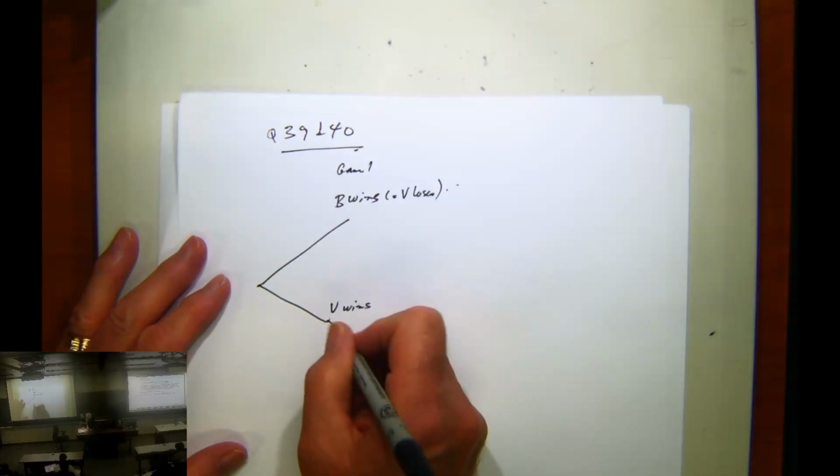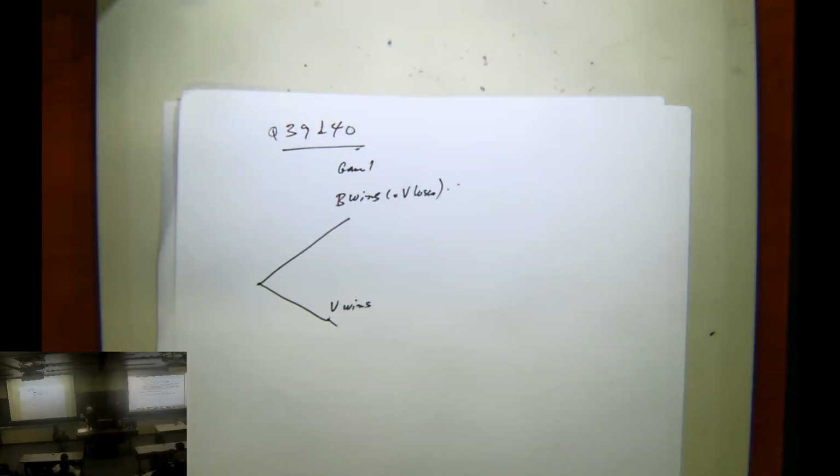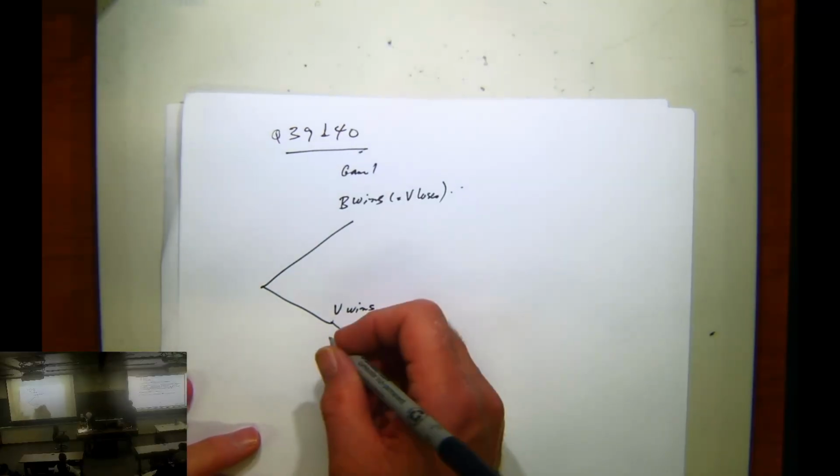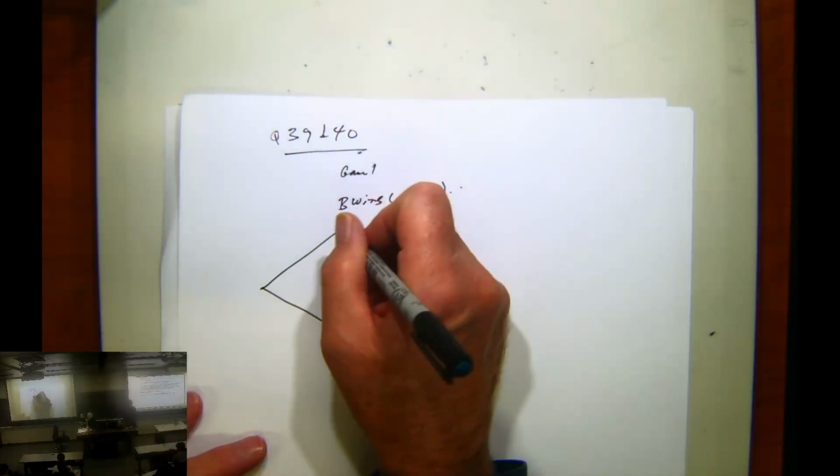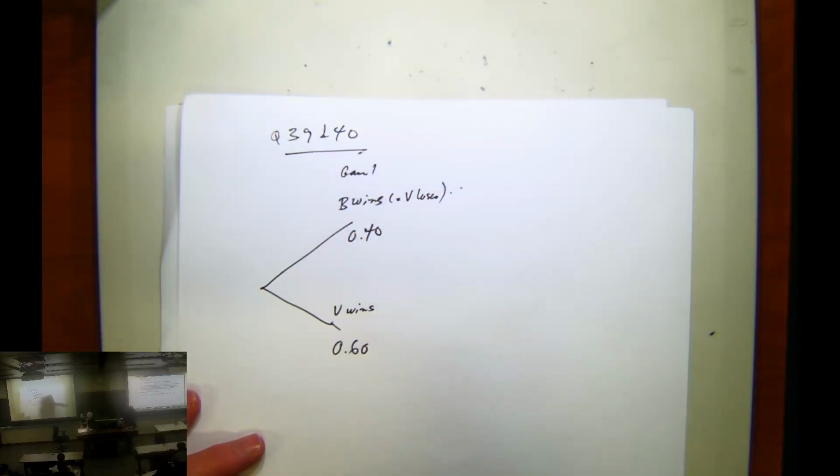You can think of it that way because Veronica winning is the complement of Betty winning, and Betty winning is the complement of Veronica winning. So what have we got? Veronica's got a 60% chance of winning that first game, and so Betty's got a 40% chance of winning that first game.